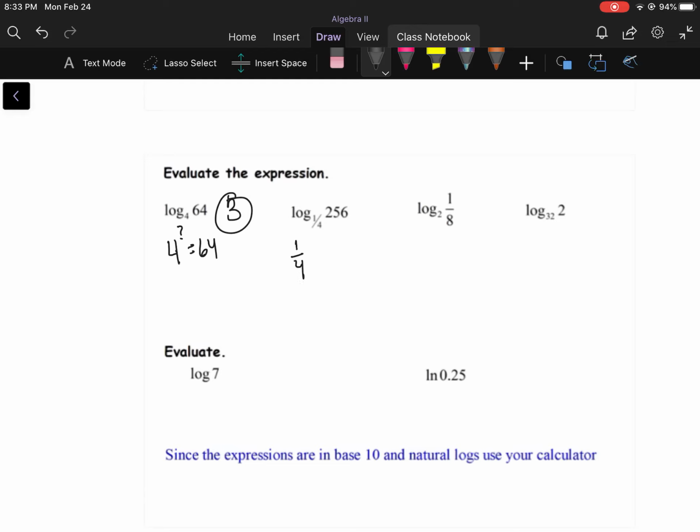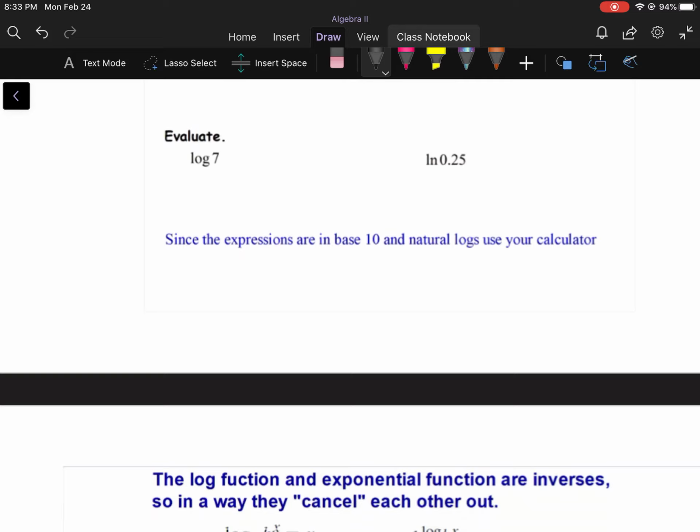Okay, so 1/4 raised to what power gives you 256? Now, we've got ourselves a fraction. So how do I make this fraction flip? Well, I know that means my exponent's going to be negative.